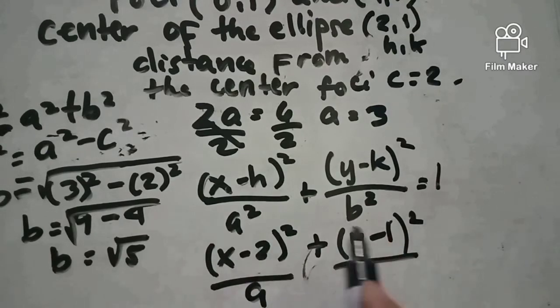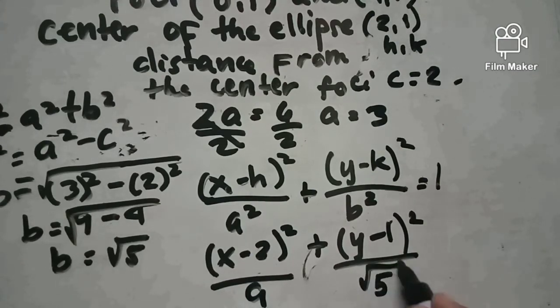And then, yung B squared natin, diba sa square root? Square root, guys, so 5 squared, kinansel yung square root.